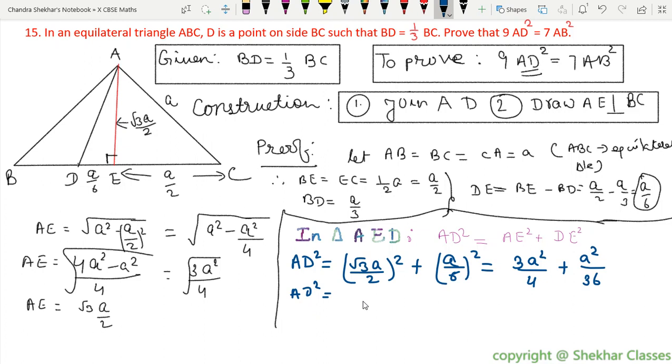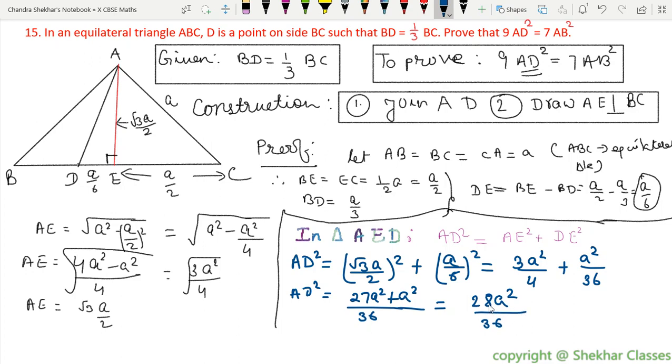AD square is equal to 36. LCM is 36, so let me write 36 here. So 9 3s are 27 A square plus A square, right? And this will give you 28 A square upon 36.